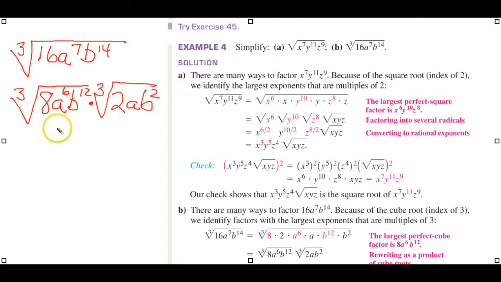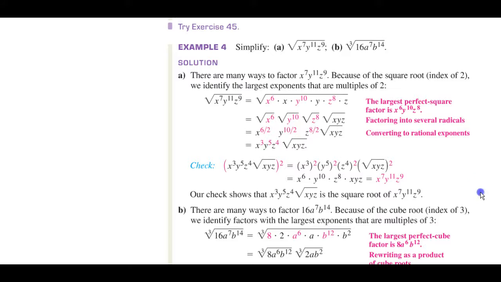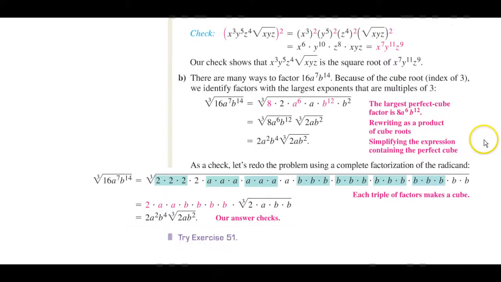So now we take the cube root of this, which is 2, dividing everything by 3, a squared b to the 4th, and then the cube root of 2ab squared, and I believe that's what they have too. Okay, again, theirs is a lot more steps. I like my way, and that's what I'm doing. Okay, let's continue.